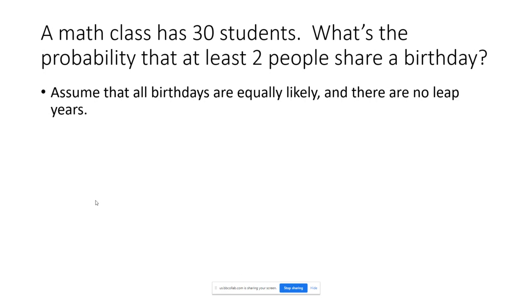Raise your hand if you think it's going to be closest to 0.001. Raise your hand for 0.01. 0.1? 0.5? All right, let's try it.